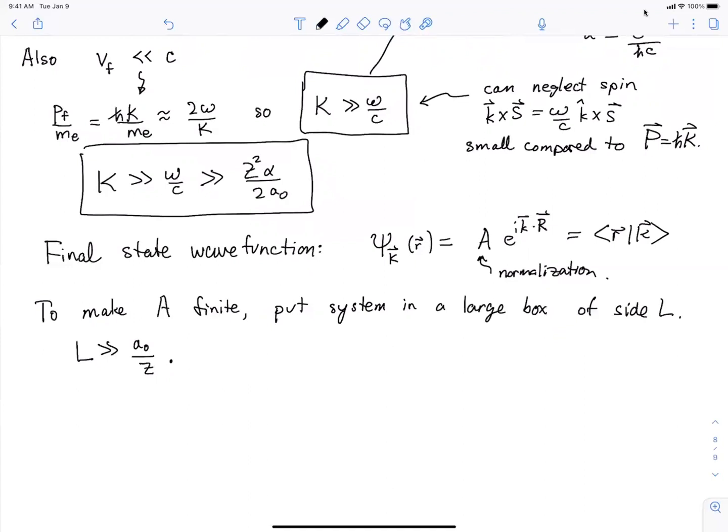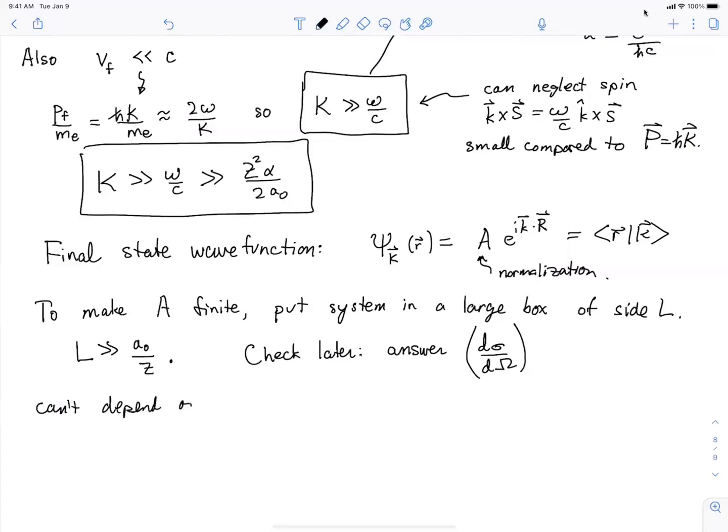Okay, so check later. The answer, and by answer, I mean the differential cross-section, can't depend on L, even though in intermediate steps, it will depend on L.